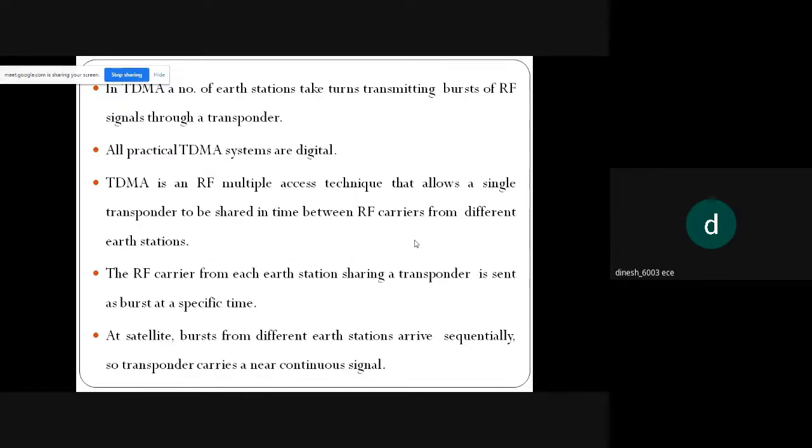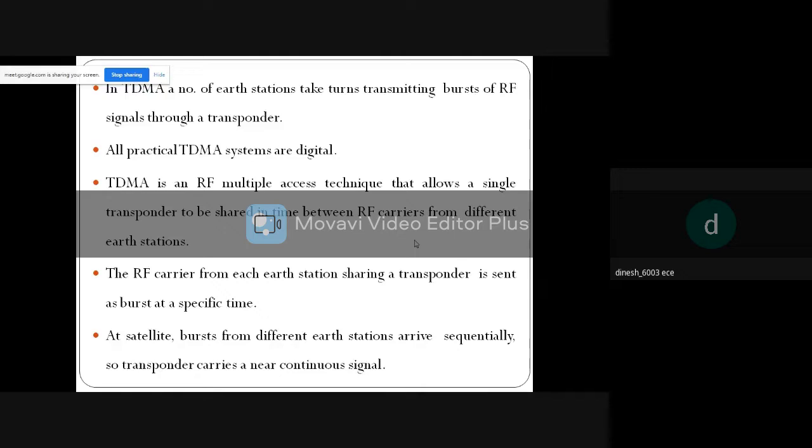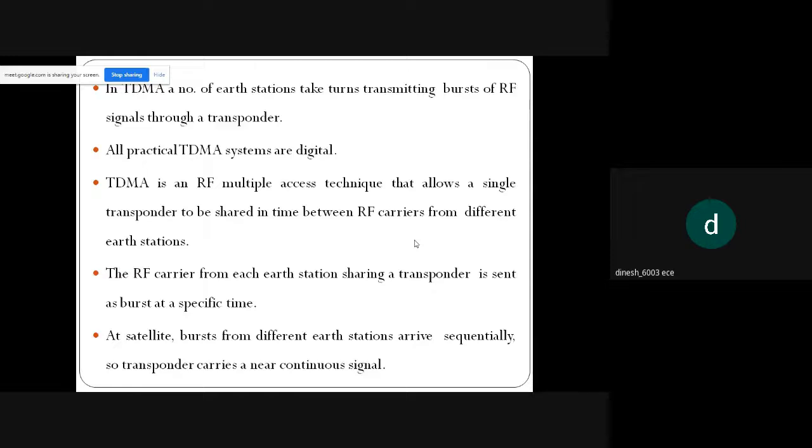TDMA is an RF multiple access technique that allows a single transponder to share the information in time between the RF carriers from different earth stations. The RF carrier from each earth station sharing a transponder is sent as a burst at a specific time. So at the satellite, bursts from different earth stations arrive sequentially. The transponder carries a near continuous signal.